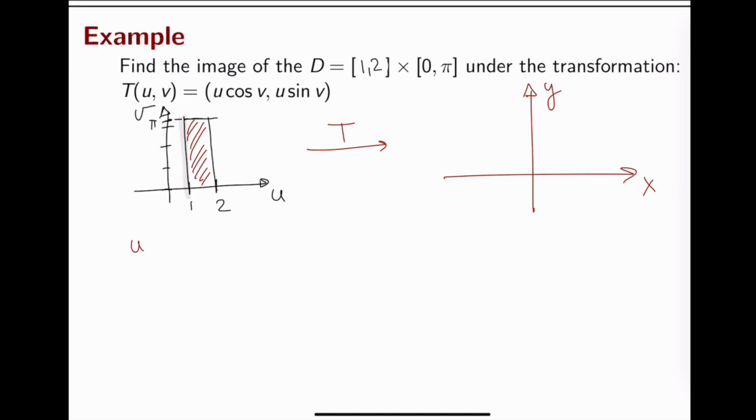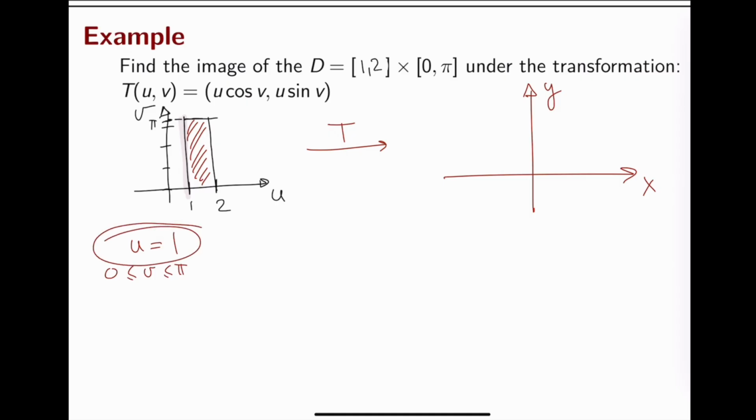The equation will be u equals 1, right? So the whole line here is just the variable u equal to 1. That's the equation of this line. But v is going to vary between 0 and pi.